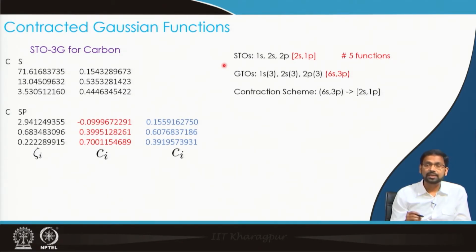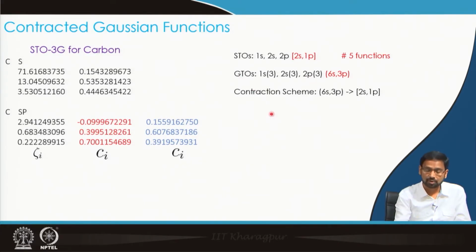But we have decided that we will express these Slater type orbitals in terms of 3 Gaussian functions. So when we write them in terms of Gaussian type orbitals, we require 3 Gaussian functions for 1s, 3 Gaussian functions for 2s, and similarly 3 Gaussian functions for each of 2px, 2py, 2pz.